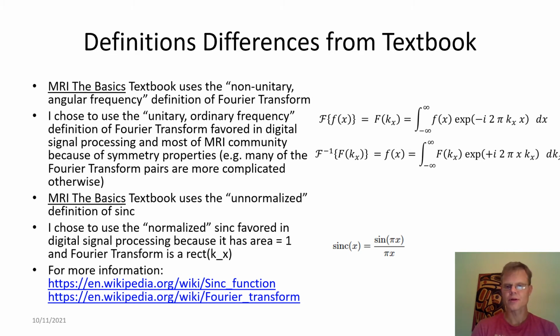So I prefer this version that I've shown here, as well as a version of the sinc function that is a normalized sinc, not an unnormalized sinc. The normalized sinc has a total area of 1 in the Fourier transform. In this unitary ordinary frequency, the Fourier transform of the rect is the sinc, as I've shown. Some more information in these very comprehensive Wikipedia pages.